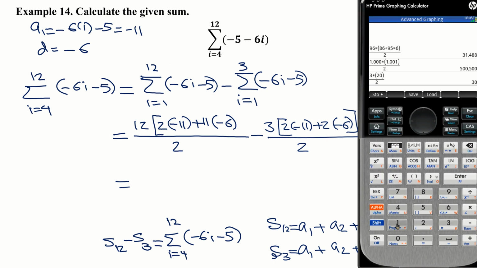All right, so we have 12 times, that's negative 22 minus 66. And then we need to get out of the parentheses and divide that by 2. Now we need to get out of the fraction and say minus 3 times, now that's going to be negative 22 minus 12.